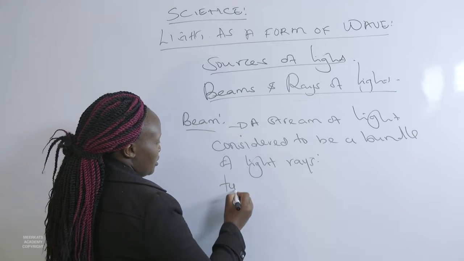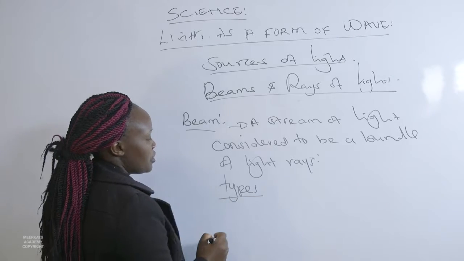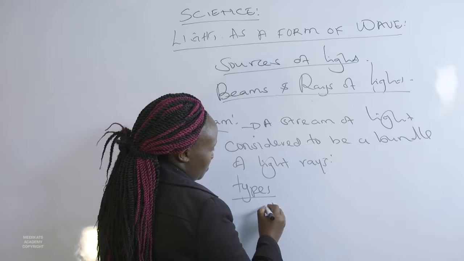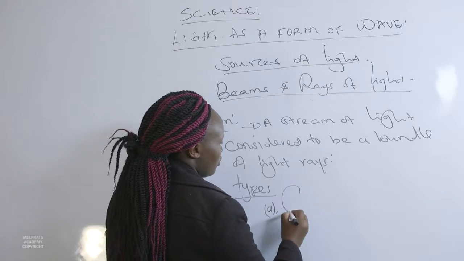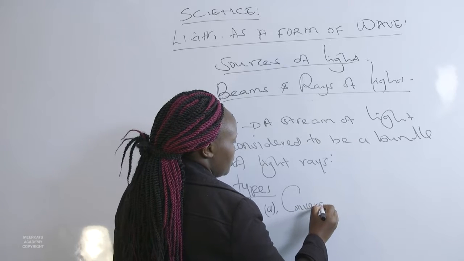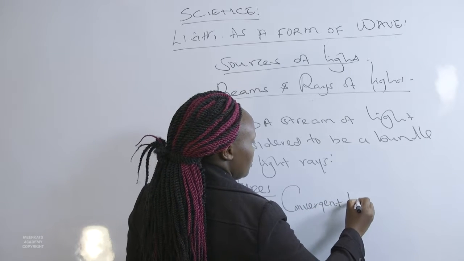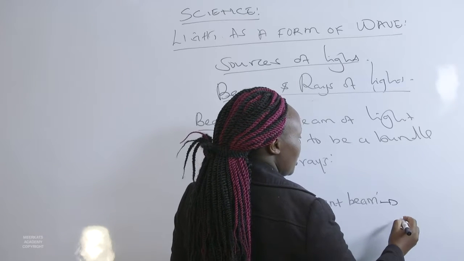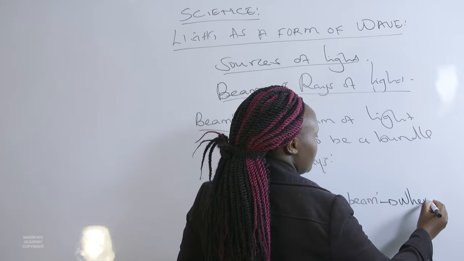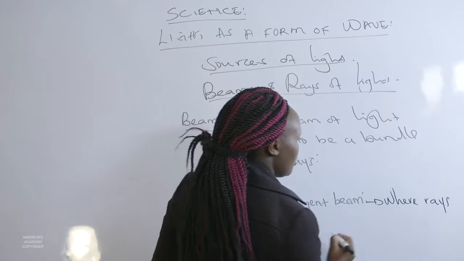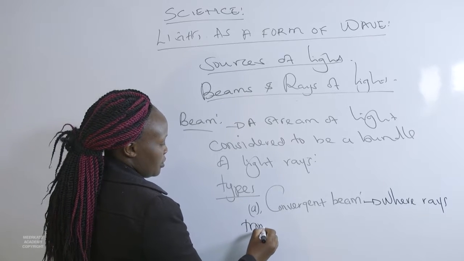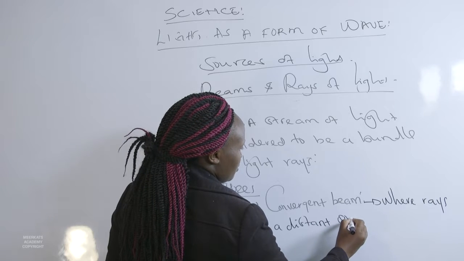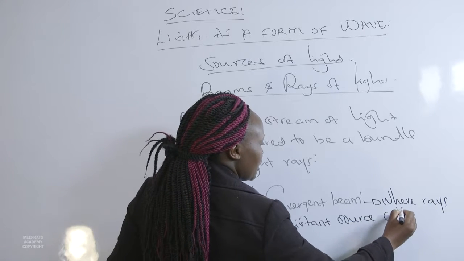Now we can have some types of beams of light. Number one, we can talk about a convergent beam, which is one where rays from a distant source collect at a point.